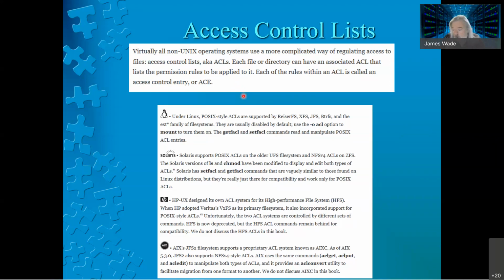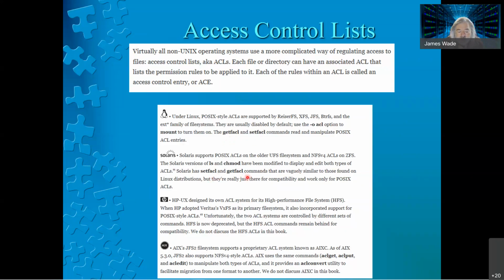One user, one group, and the world. That's old style Unix. They had to come up with a better way of doing it, but a lot of that had to do with the file system type and what the file system could actually do. So under Linux, they allow us to use getfacl and setfacl, to get and set file system access control lists. Solaris is the same thing. Look how the commands are the same.